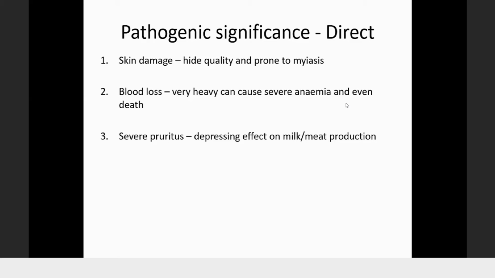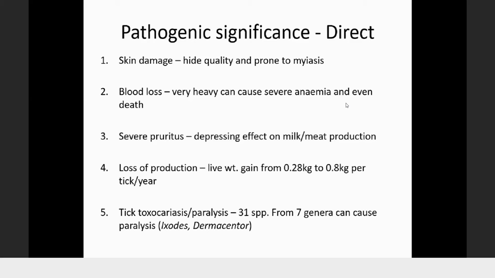In the case of severe pruritus, or animals that are very affected by the tick infestation, we call it tick worry. And then there is also loss of production, as I mentioned before; live weight gain might be reduced because of the tick infestation. And some ticks can cause paralysis. Some that cause paralysis are, for example, Ixodes and Dermacentor.